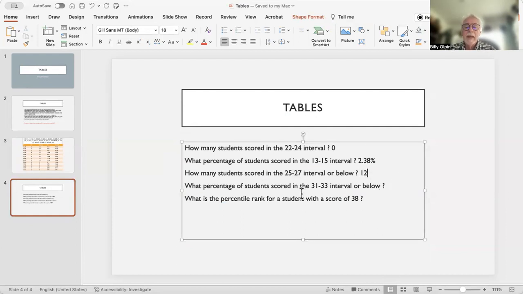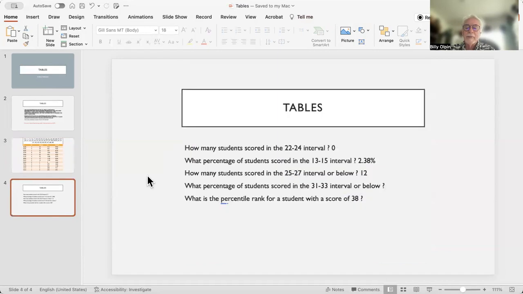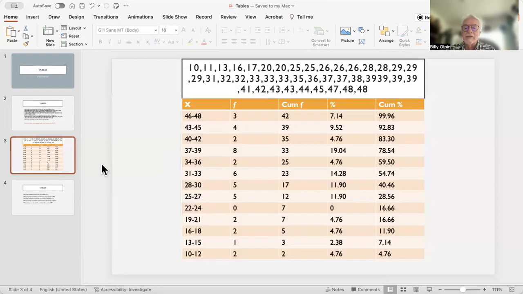Okay. Now, what percentage of students scored in the 31 to 33 interval, again, or below, right? Or below. So the key again is to use the cumulative column. So for 31 to 33, I go all the way over here to the end, to the cumulative percentages, and it turns out 54.74% of the students scored in this interval or below.